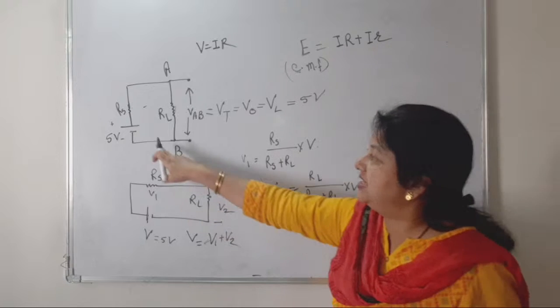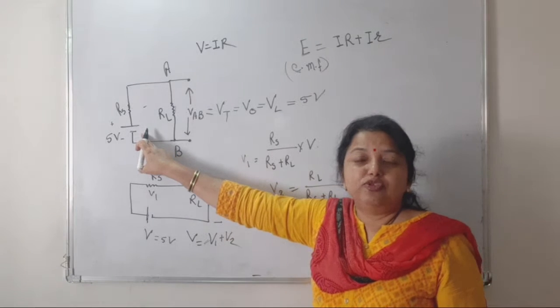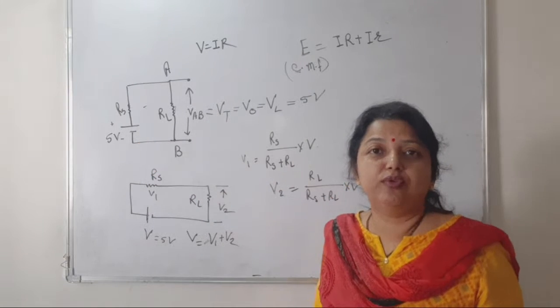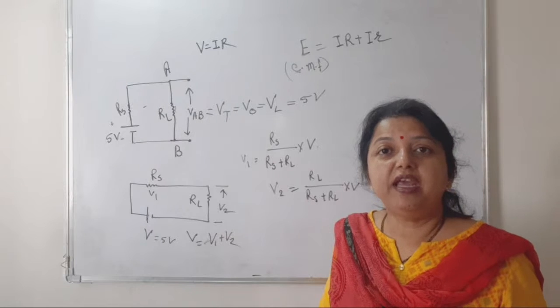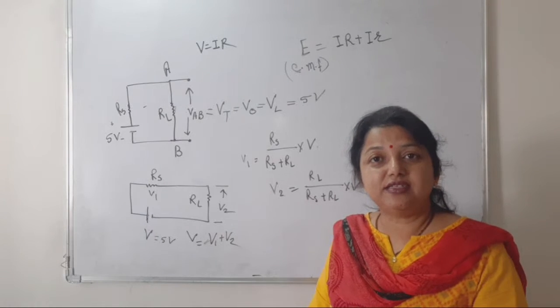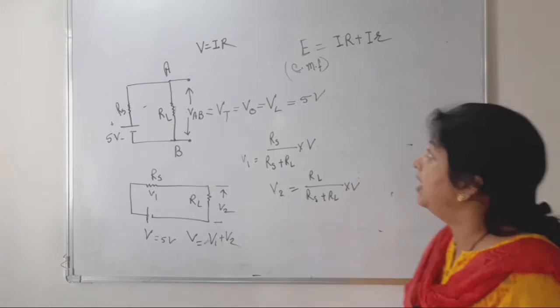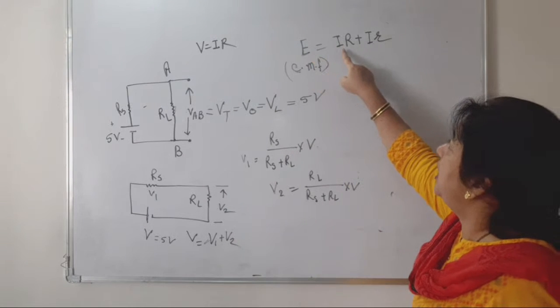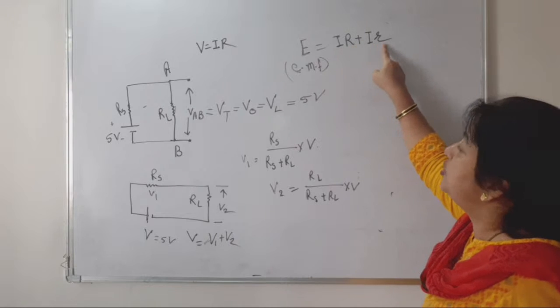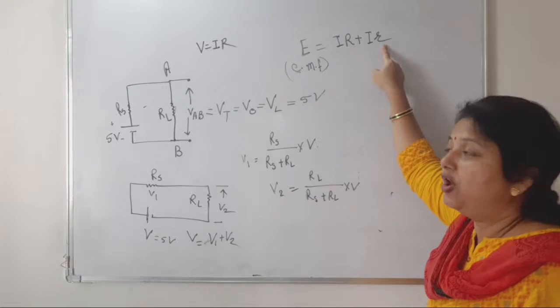Whenever a cell is there, in place of potential V you have to consider EMF. And if EMF is considered, then the internal resistance also has to be considered. So the formula for EMF is I into external resistance R plus I into internal resistance small r.